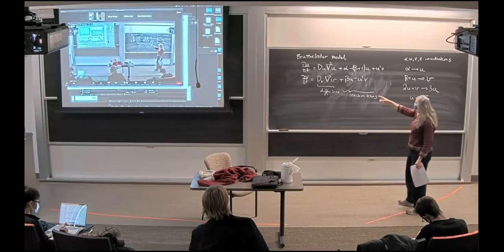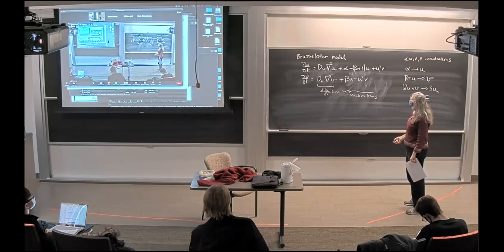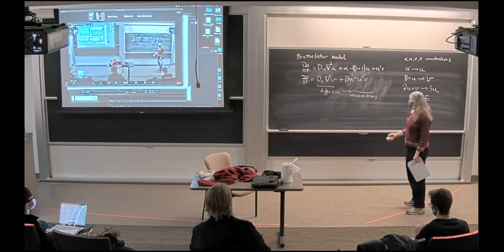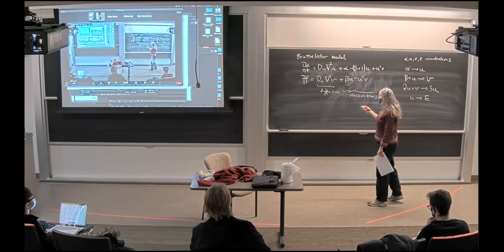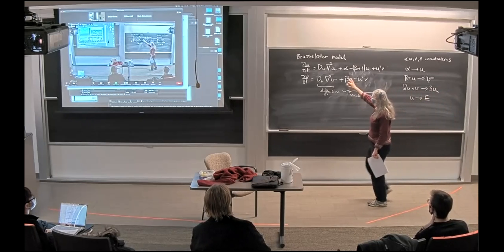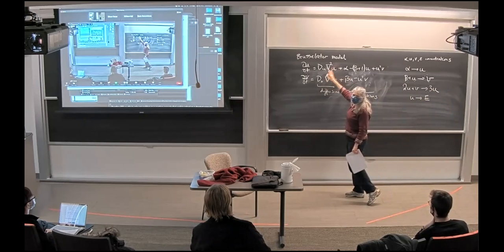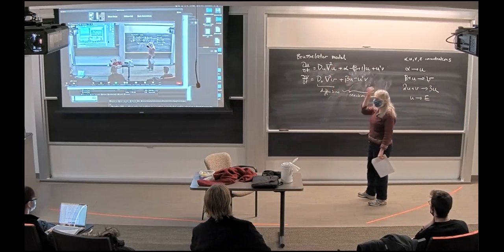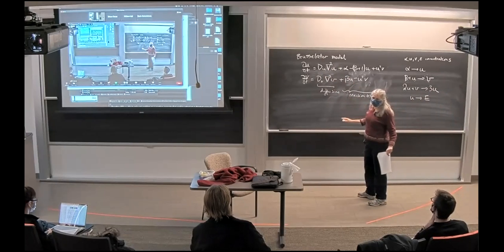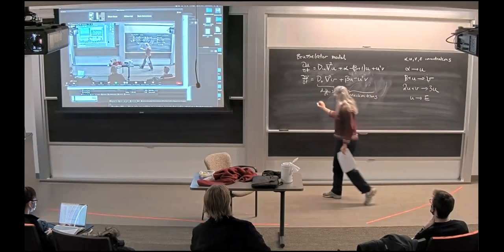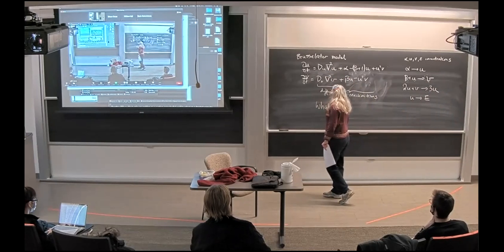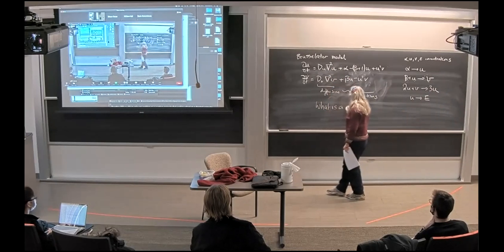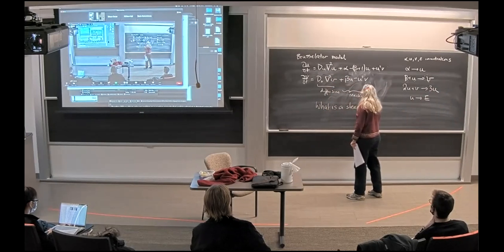What condition on U and V would give us a constant U and V? For the moment we'll ignore the diffusive properties. We'll just say U is constant, the same value everywhere. And so the question is, what is a steady state solution?